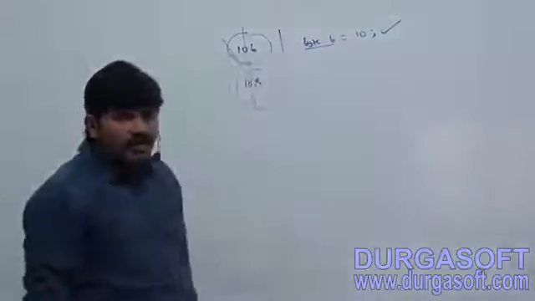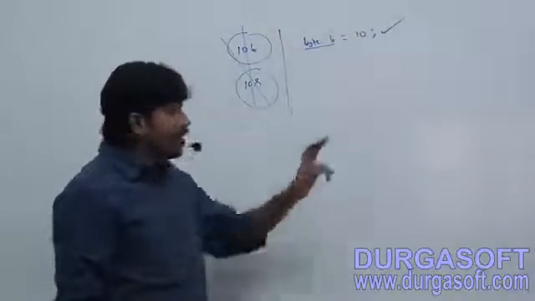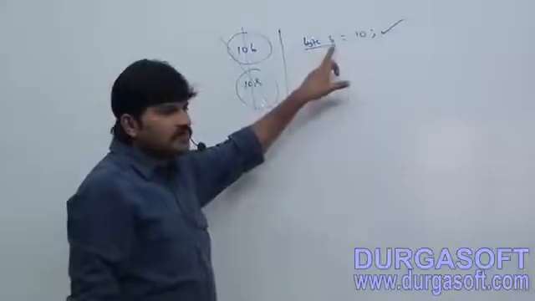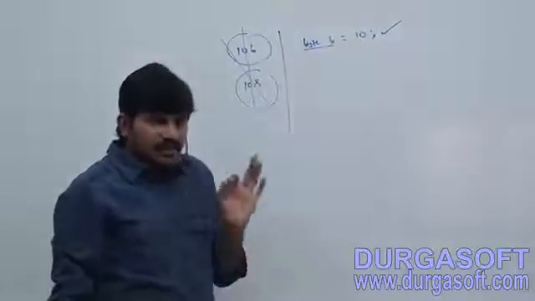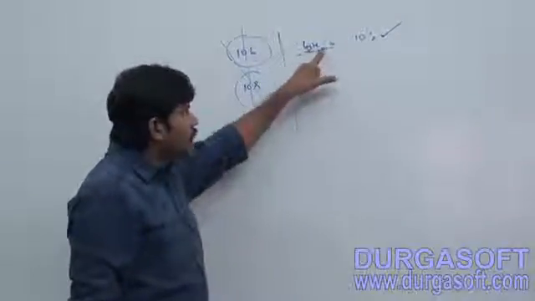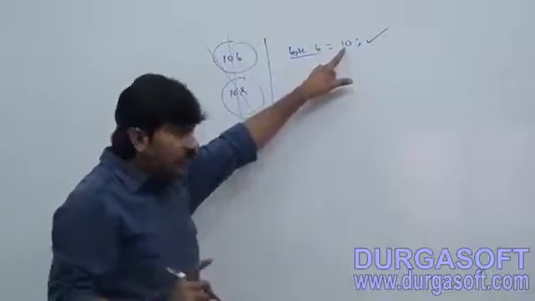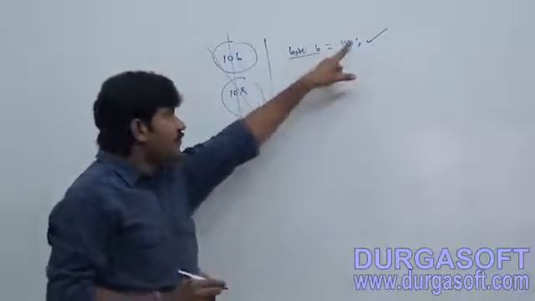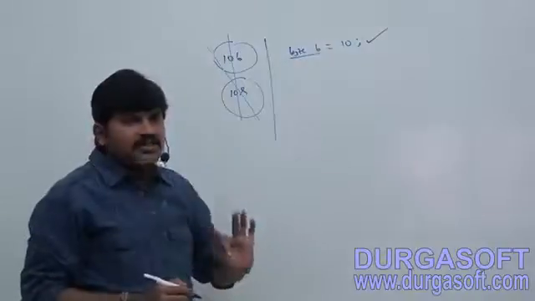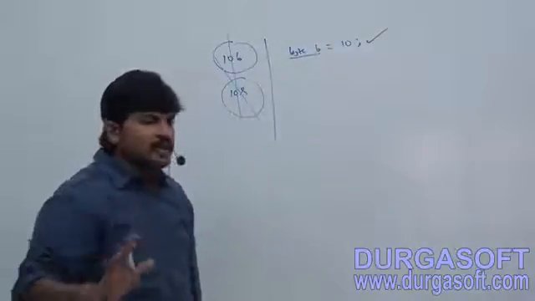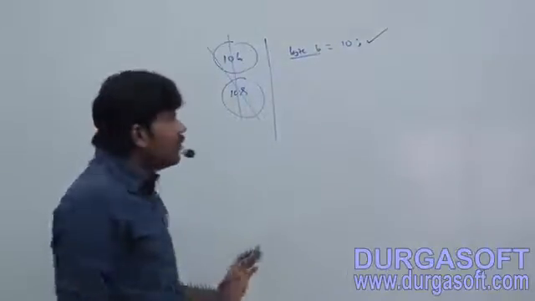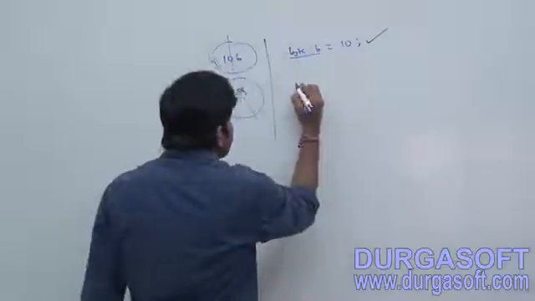Are you getting? The compiler automatically treats it as a byte literal. Byte b is equal to 10. No problem at all, it is valid.